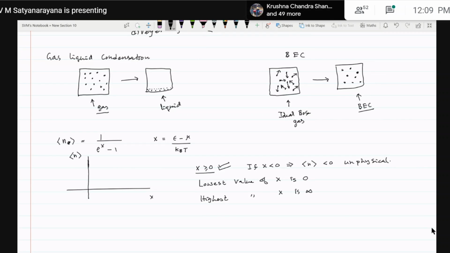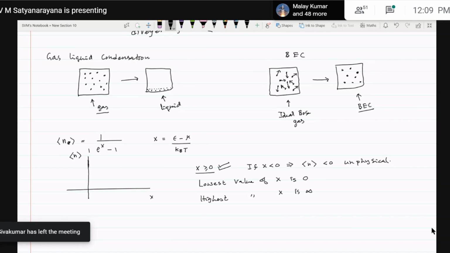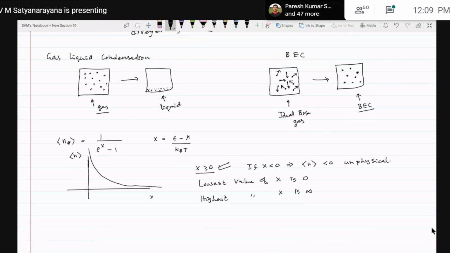So we have said that now what happens as x goes to 0, this function will go to infinity, and then it just goes up. So this is the function. Okay, so suppose if I fix my epsilon, let's say, epsilon is equal to 0, the ground state.